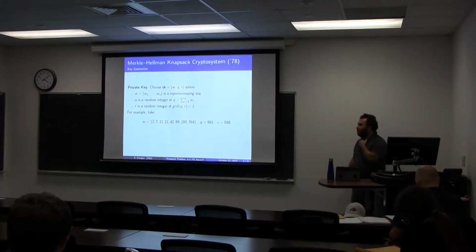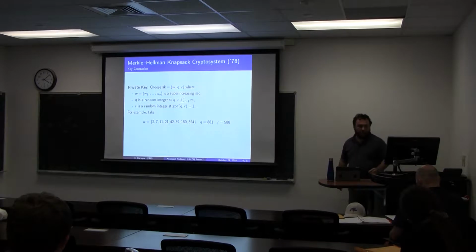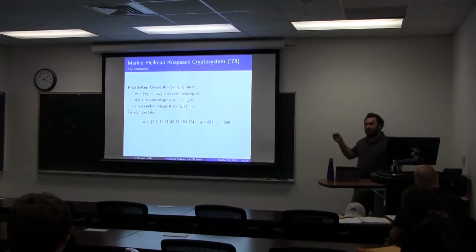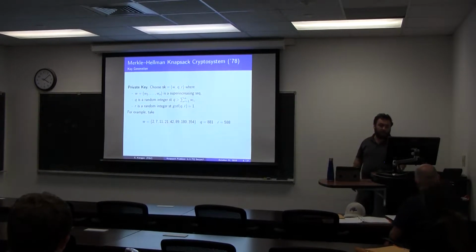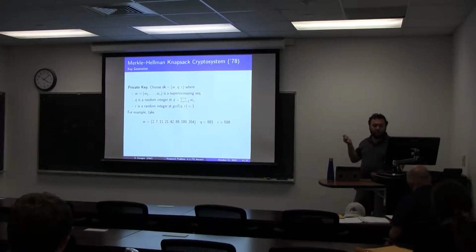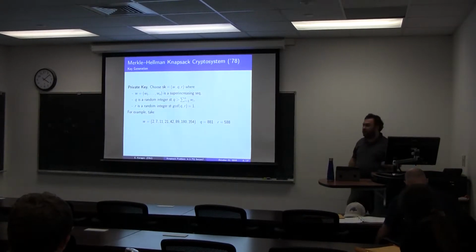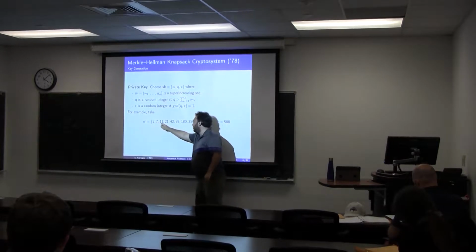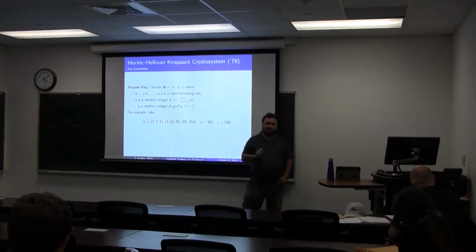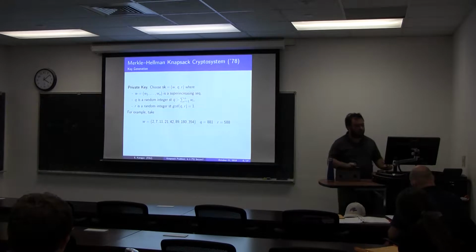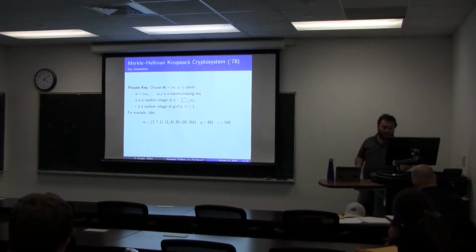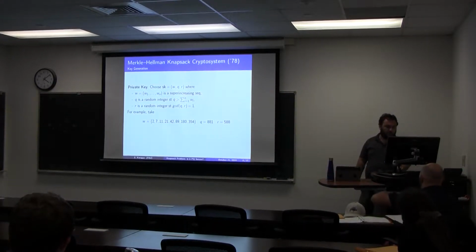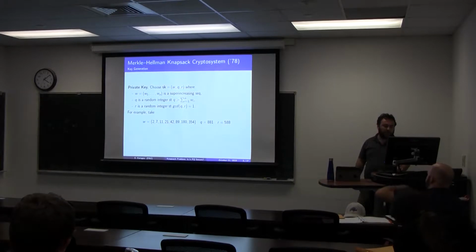Then we choose a random integer q, which is bigger than the sum of all the wi's. Here we choose 881. The sum of the wi's here is 776, so we choose a bigger number than 776.